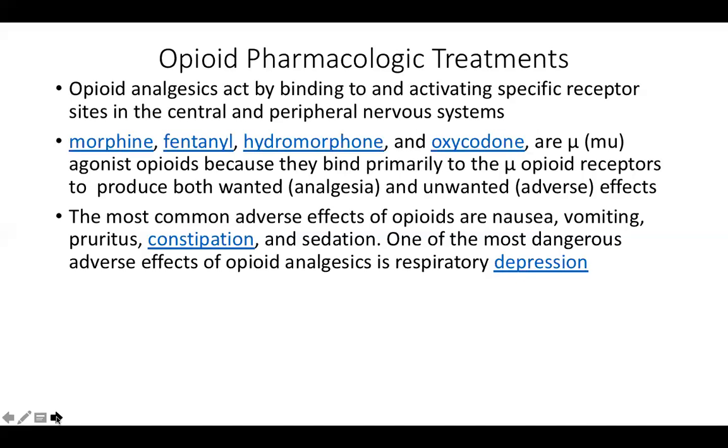The very common side effects, as you know, are nausea, vomiting, pruritus, sedation, and most dangerous is respiratory depression because they suppress respiration. You need to study the chapter on morphine to know its advantages and disadvantages.